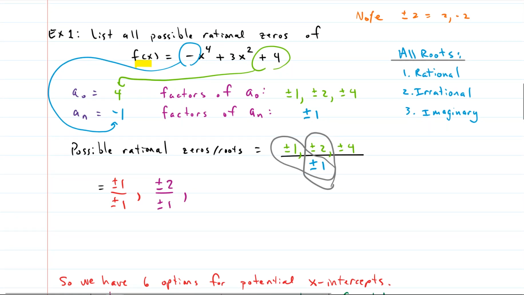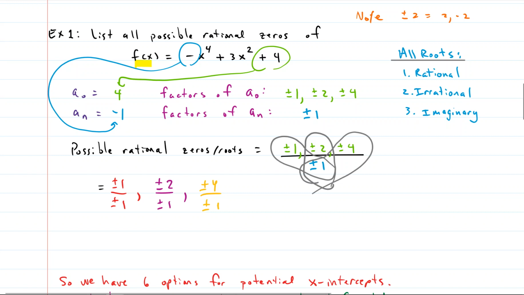And the last one, so we take all the different combinations of the top of this fraction here all over the same plus or minus 1. So this one is then plus or minus 4 divided by plus or minus 1.